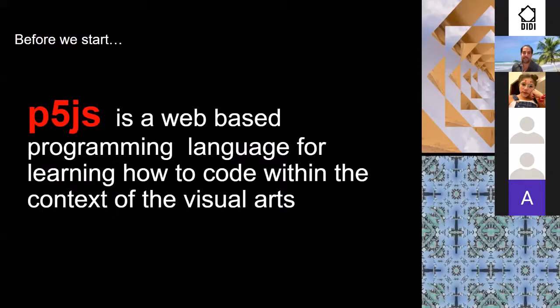So just to get started, we're using a programming language called P5.js, which is based on JavaScript, which is a web-based language. And P5.js is developed for artists and designers who may not be software developers, but to allow them to begin to create forms easily.